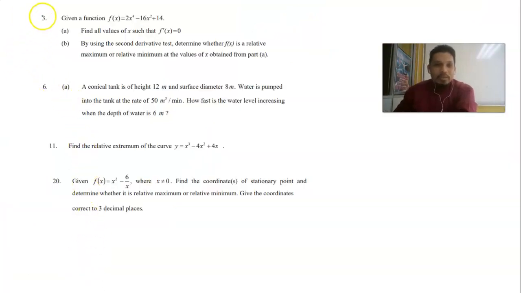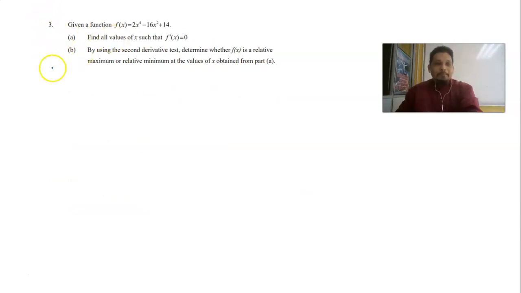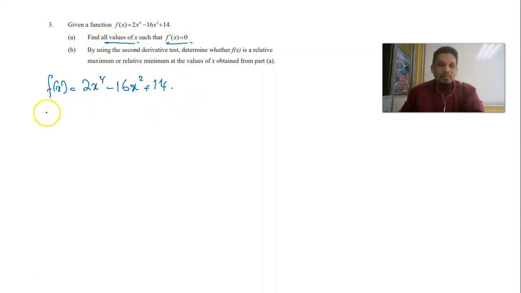Okay, these are all the questions that I have selected. Now, the first one here. Question number 3: given the function f(x) equal to 2x to the power of 4 minus 16x squared plus 14, find all the values of x such that f prime x equal to 0, meaning we are going to differentiate this. f prime x equal to 4 times 2, 8x cubed, minus 2 times 16, 32x, and differentiating 14 gives 0.